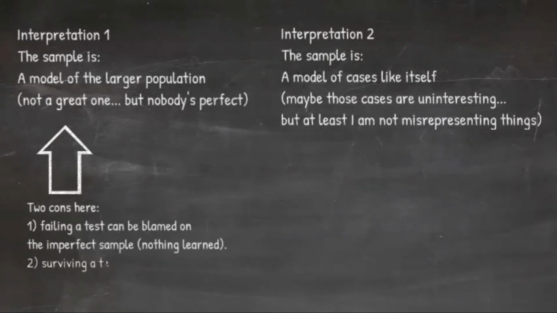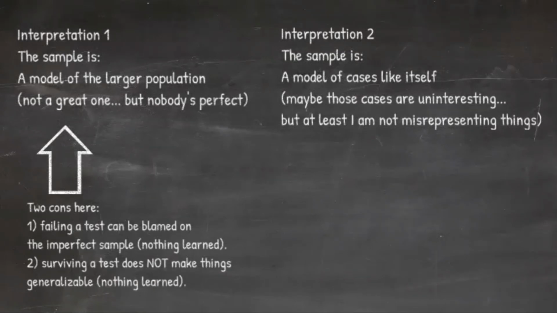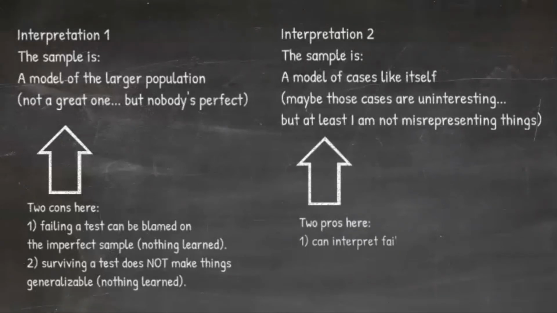Interpretation 2 is the interpretation that actually tests what we want to test. Interpretation 1 is just, let's see what we think the larger population looks like based on looking at our sample. And we already know that the larger population doesn't look like the sample, so we're running around in circles. Under interpretation 2, we have the ability to actually interpret the failure based on the power of our study.